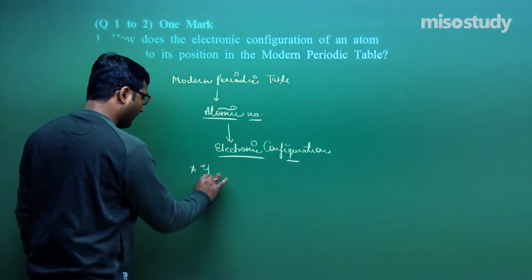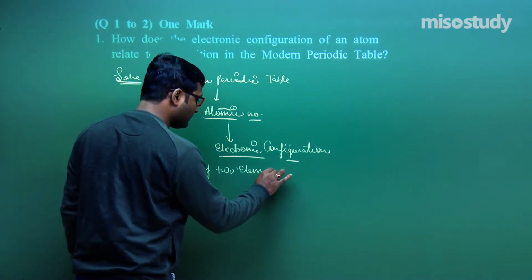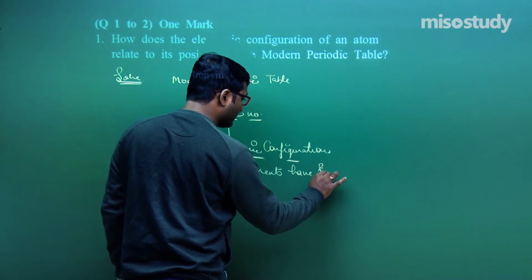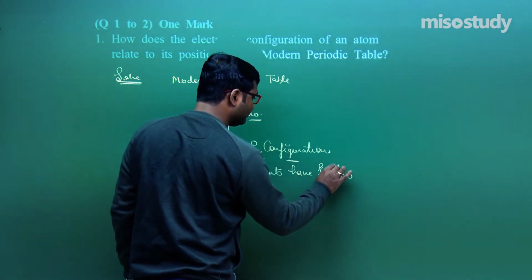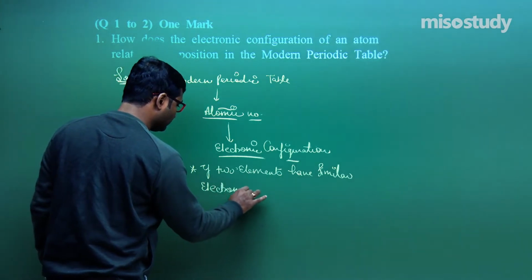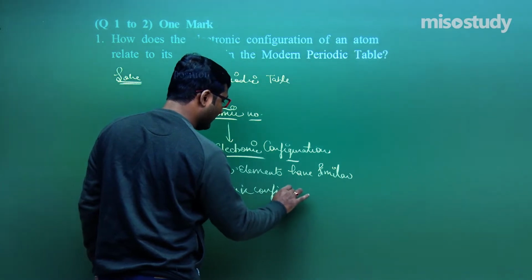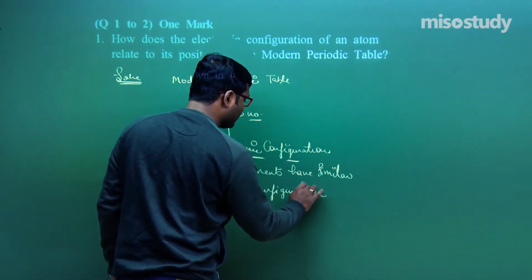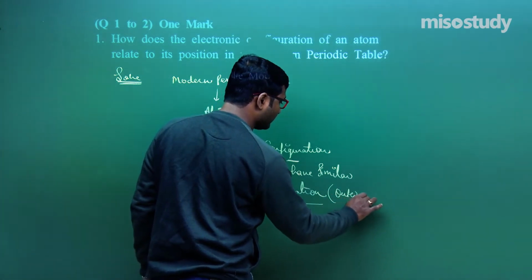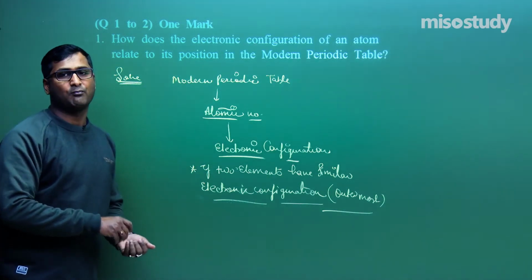If two atoms, or you can say two or more elements, have similar electronic configuration, that is, similar outermost electronic configuration, then they are placed in the same group and will have the same properties.